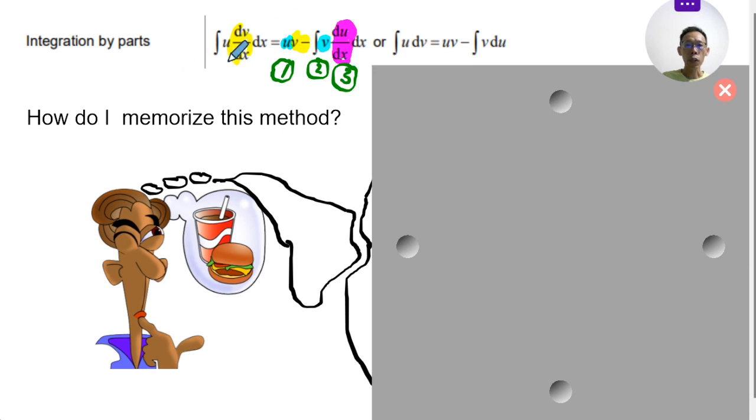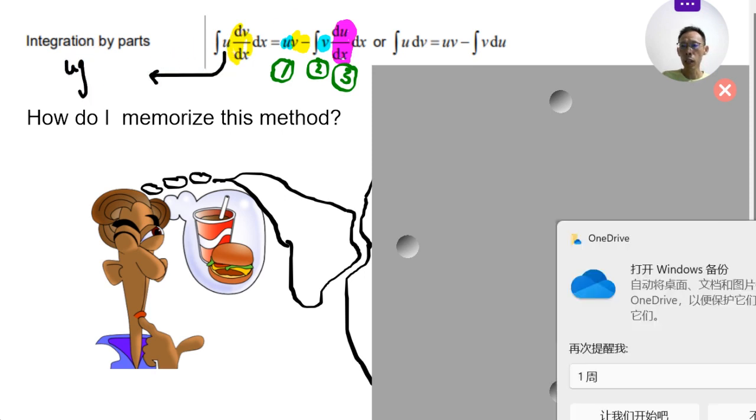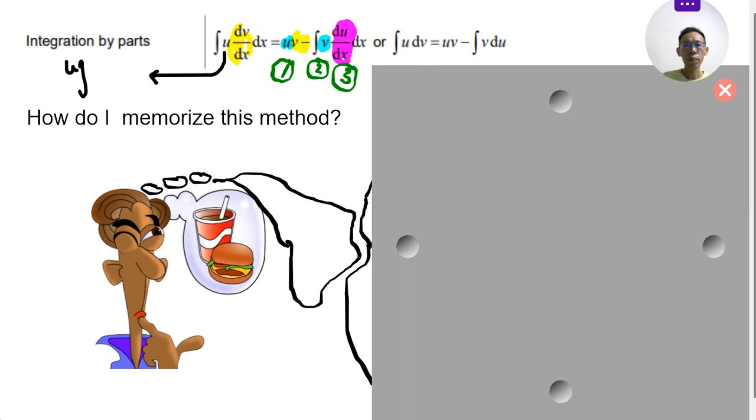The u is what I would call the u for ugly, or the ugly part. The ugly part is the one that I cannot integrate, and dv dx is the one that I can integrate.